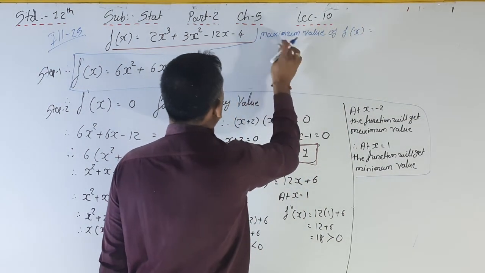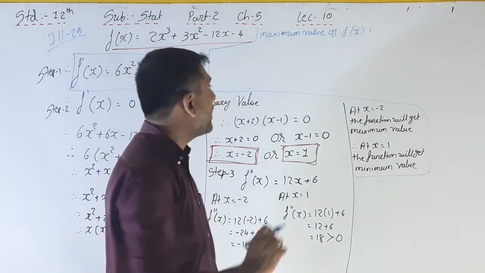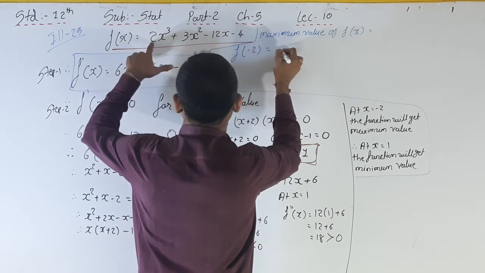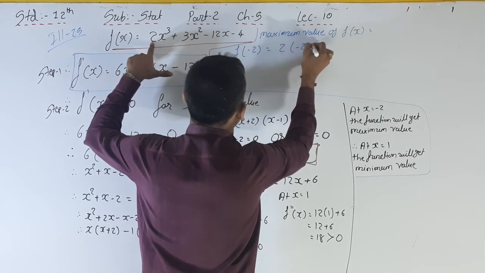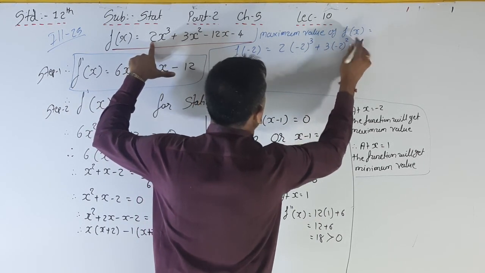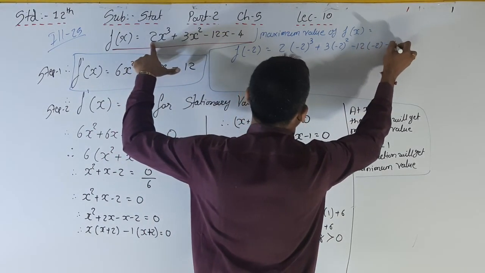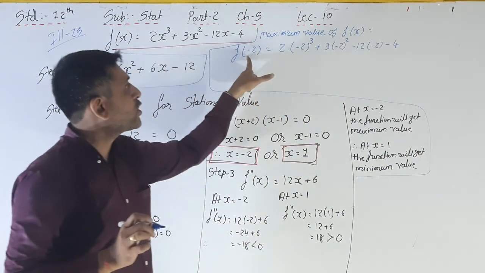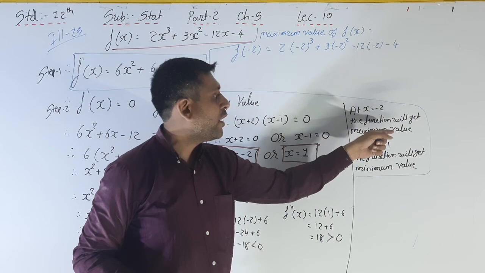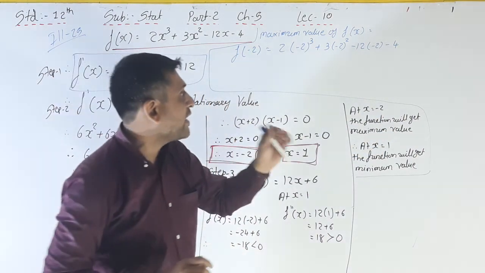See here, at which point the function will be maximum, x is equal to -2. So f of -2 is equal to 2 into bracket -2 raised to 3 plus 3 into bracket -2 squared minus 12 into bracket -2 minus 4. I am just putting the value at which point the function will get the maximum value. At x equal to -2 the function will get the maximum value.